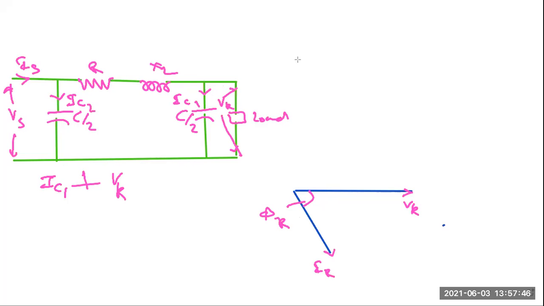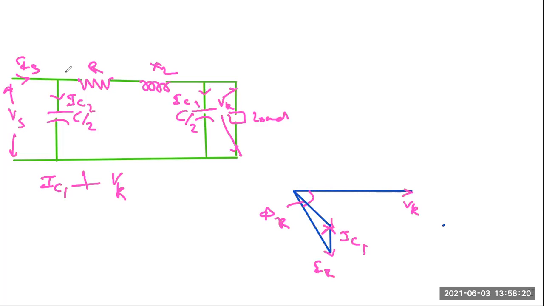So this is perpendicular, and now if you join these two, you will get your IC1. IC1, correct. So this is your IC1 and that will be your IR.